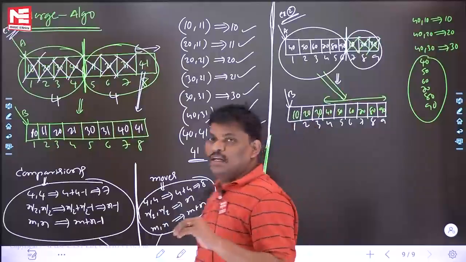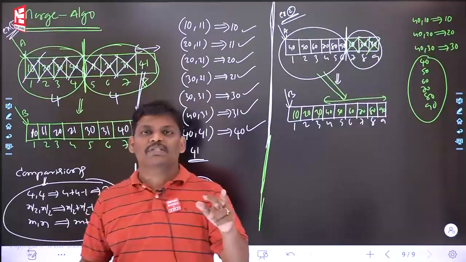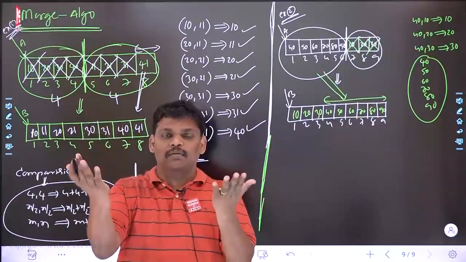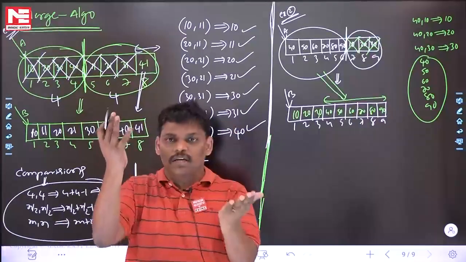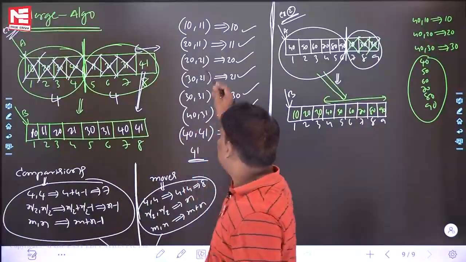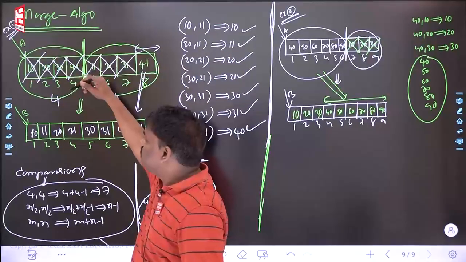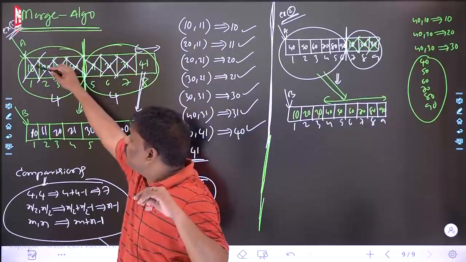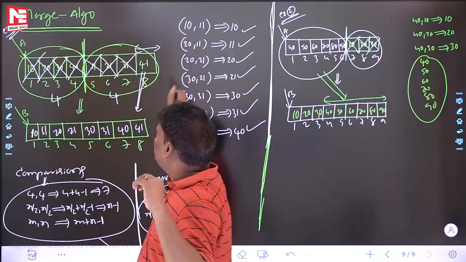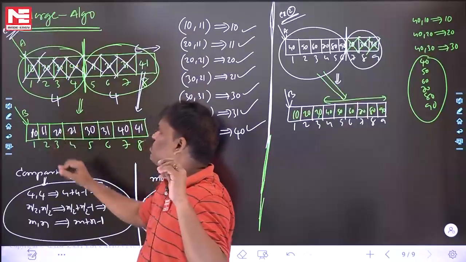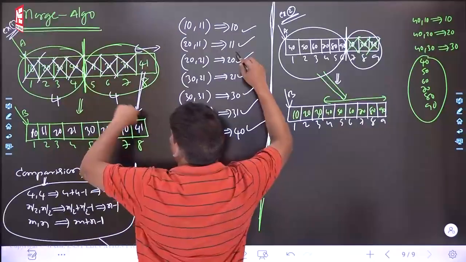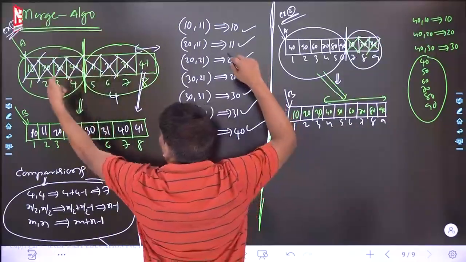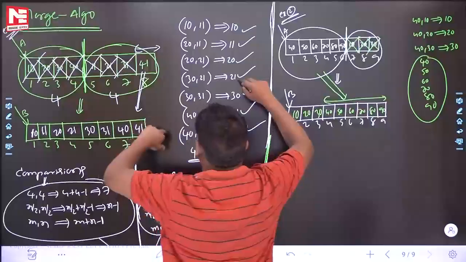If you observe clearly in the first example, whenever merging is going on, the result is going like this. While merging, one time an element comes from this group, one time from this group. See, first 10 came from this group, next 11 came from this group, next 20 came from this group, next 21 came from this group.